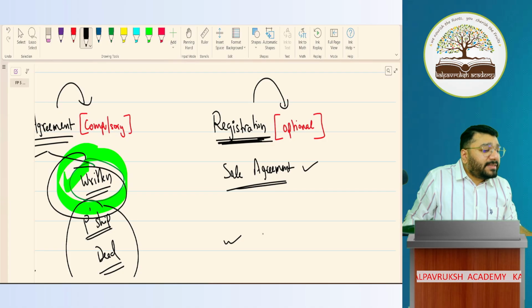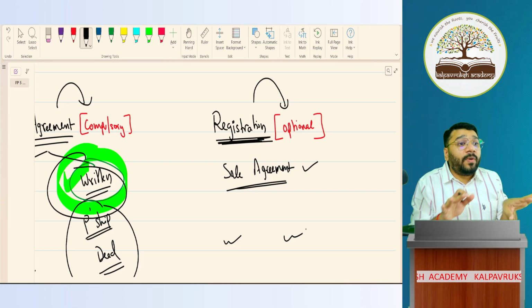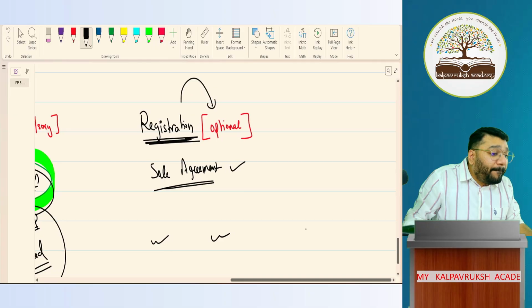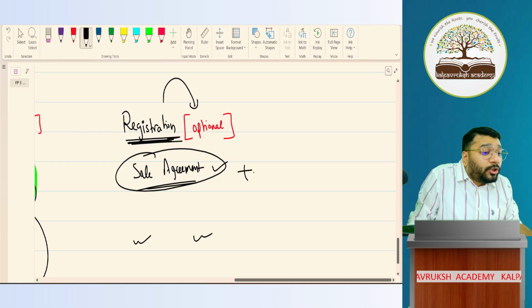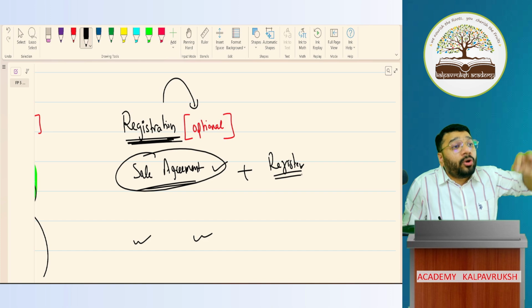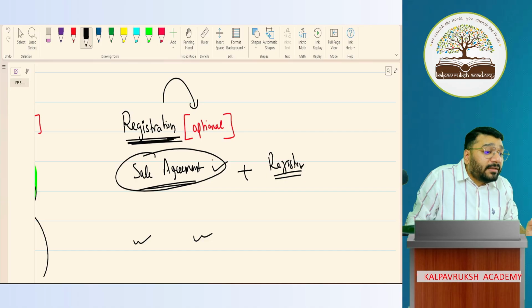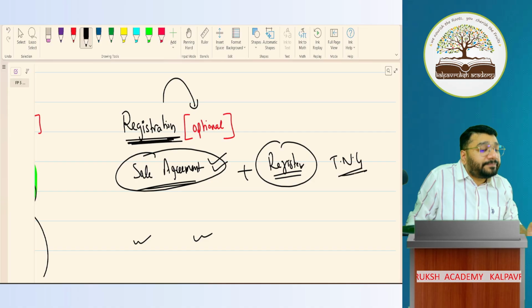Now, the buyer will sign this, the seller will sign this. If you think that with this the land transaction is over, then you are wrong. Our law says that apart from executing a sale agreement between buyer and seller, you need to register this document with the local government. If you are doing this transaction in Tamil Nadu, then this sale agreement needs to be registered with the Tamil Nadu government.